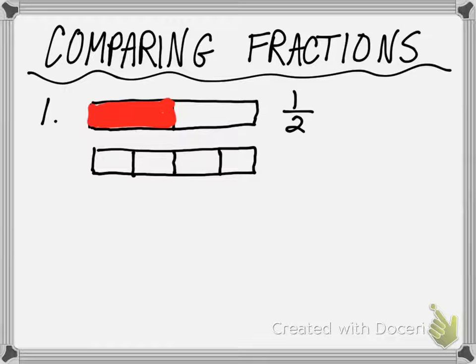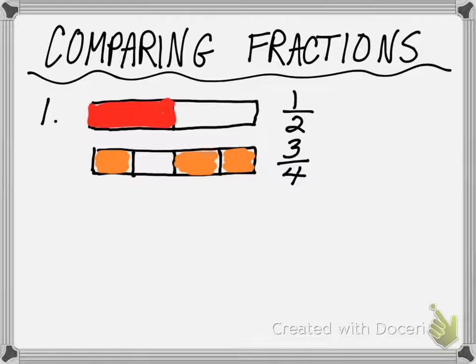Pause until you have finished that. All right, so coloring in 1, 2, 3, and we're going to draw the fraction beside. There are 4 possible sections, and 3 of them are colored.